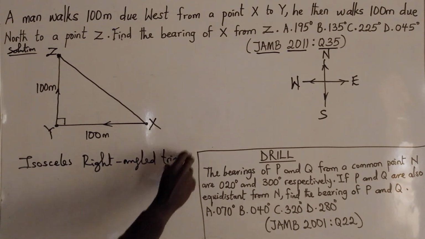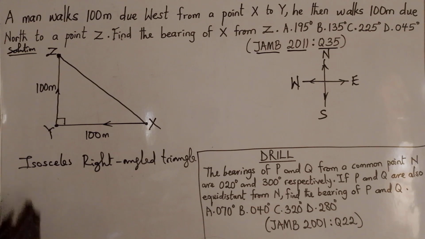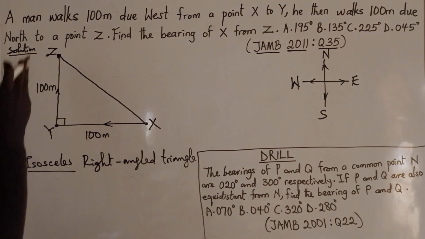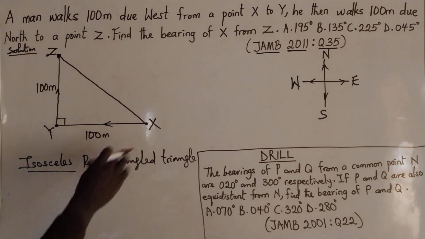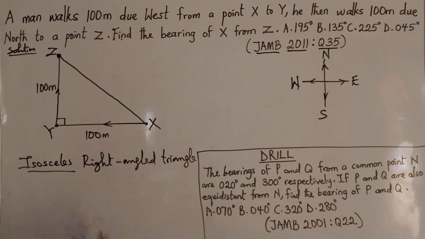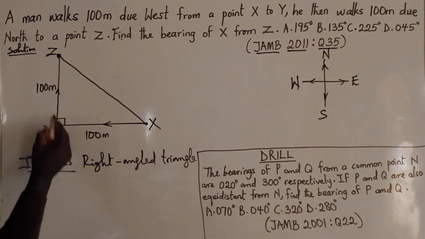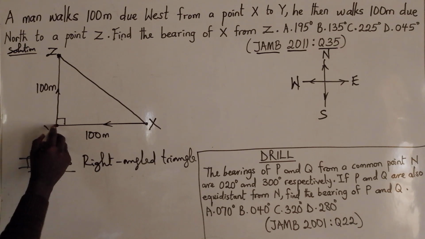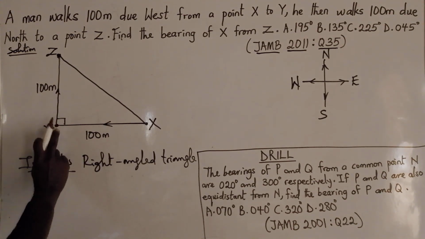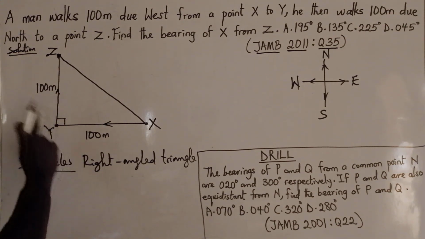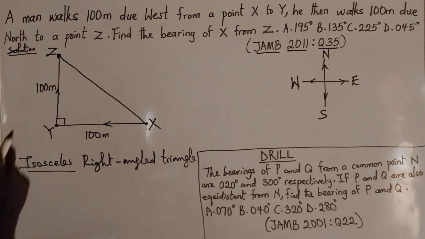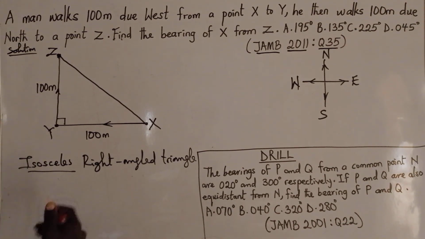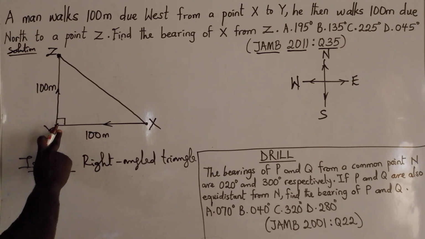This is an isosceles triangle, and isosceles means two sides are equal. If two sides are equal, then the two angles are equal. Where these two sides meet is what we call the vertical angle. The vertical angle is our 90 degree angle, which is the vertex. We have only one vertical angle there. If it is more than one, we call them vertices.